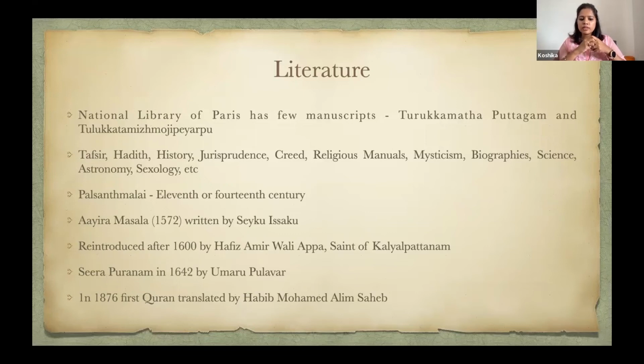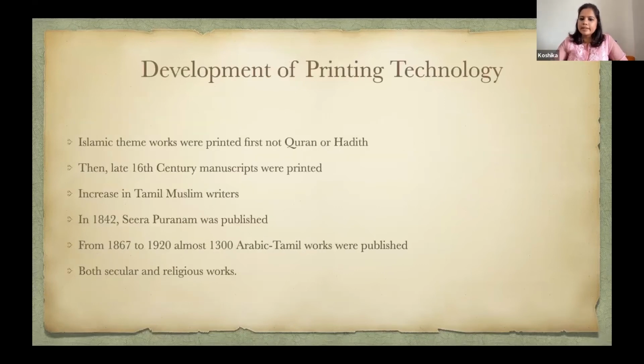The first Quran translation was by Habib Muhammad Alam Sahib in 1876. Now, the development of print technology. There is a saying that the development of print technology was one of the reasons for the script's decline. But there is another thing as well.